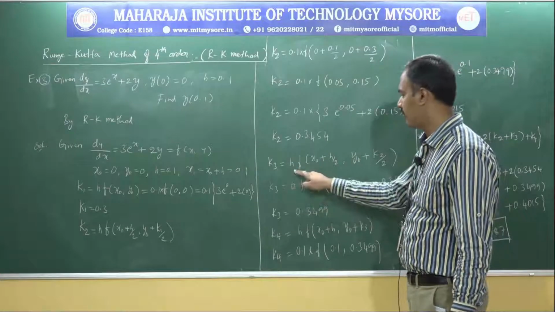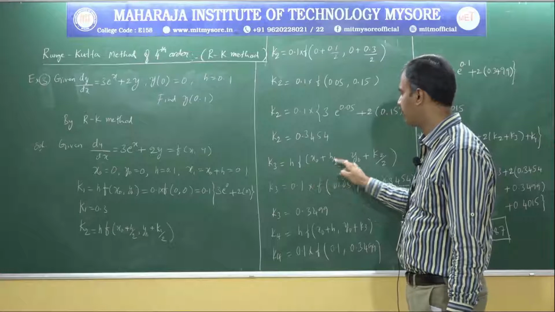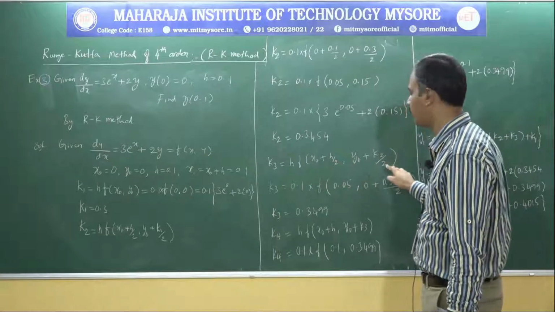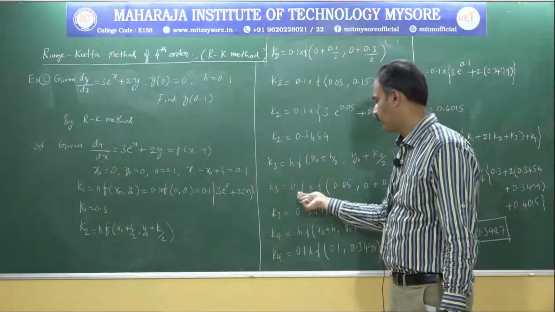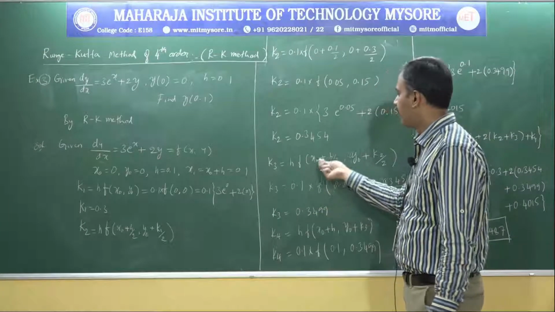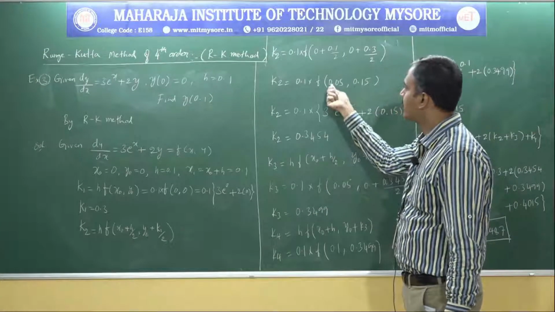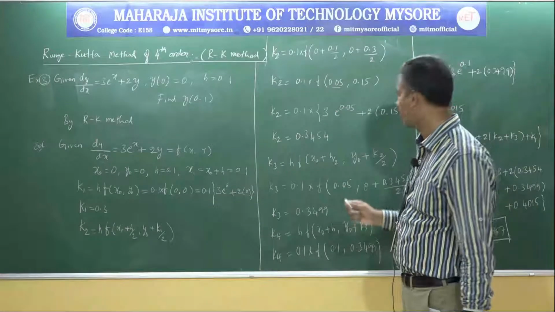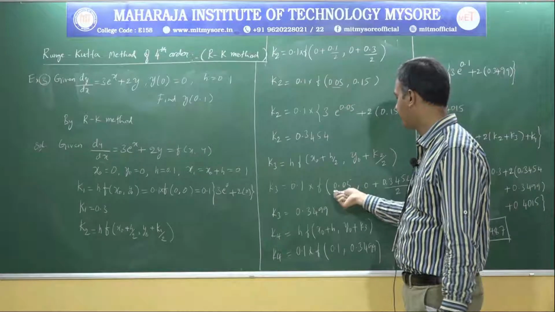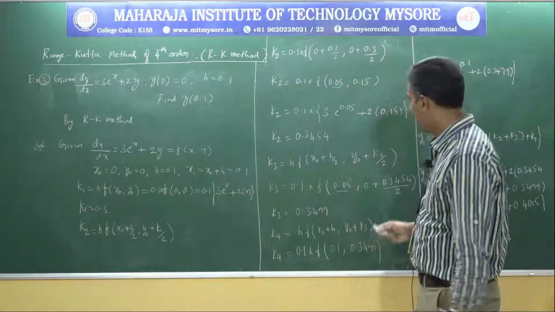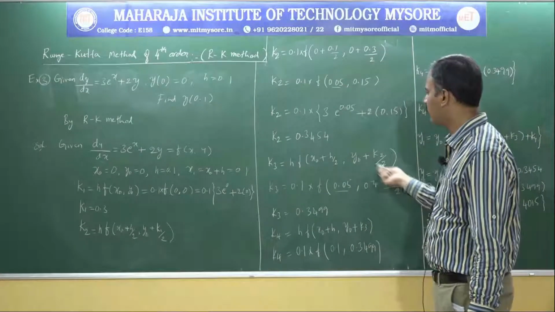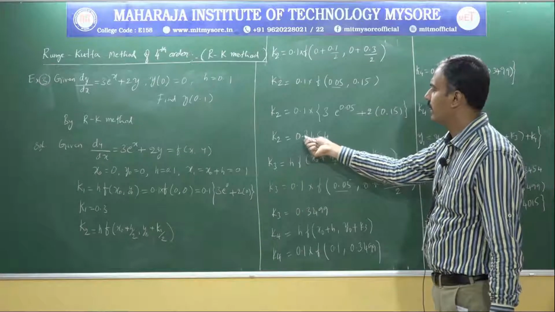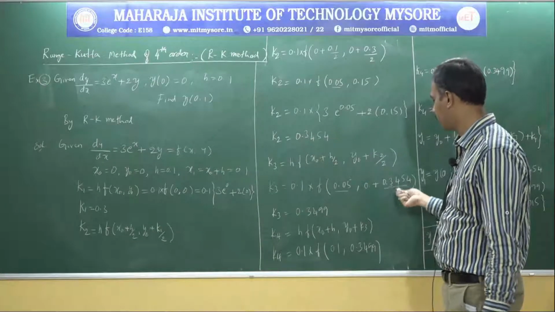Now the next one, k3. k3 means h into f of x naught plus h by 2 comma y naught plus k2 by 2. Here h value is 0.1, f of x naught plus h by 2, the previous data already simplified, 0.05, the same we assign. Now the next one, y naught 0, k2 by 2, k2 here is 0.3454, now substitute by 2.